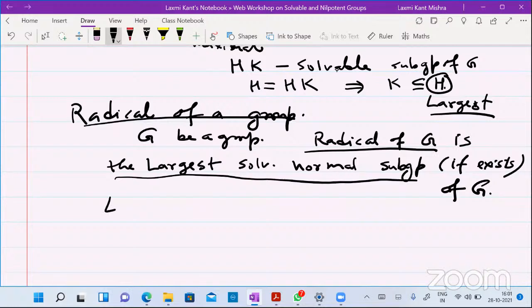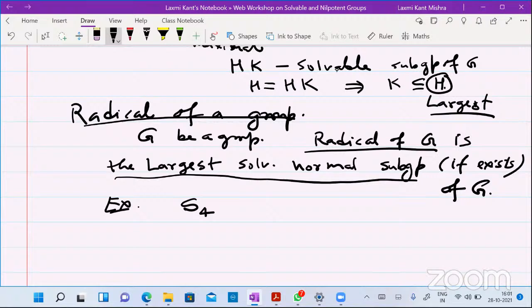So for example, suppose G is abelian. Oh, sorry, I'm just taking a wrong example. If we take S4, the symmetric group of degree 4, then what is the largest solvable normal subgroup?